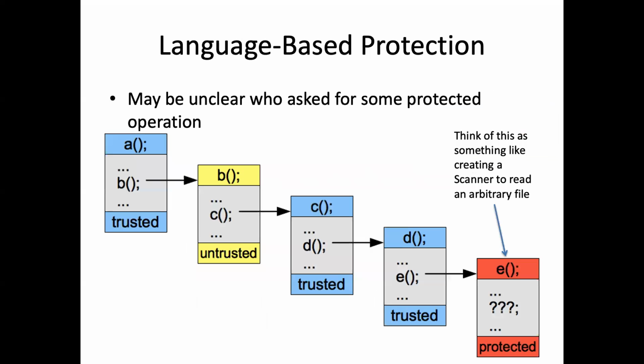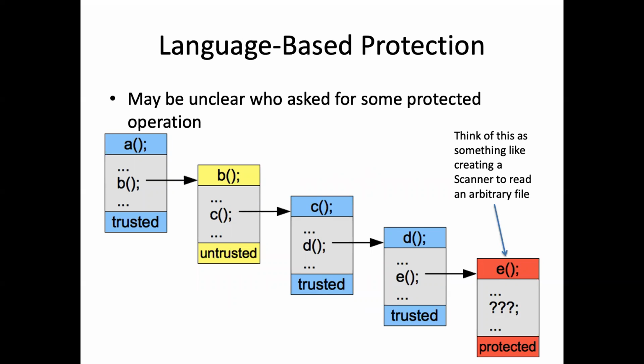Java still has a mechanism for doing this. It's just a slightly more complicated mechanism. And it kind of reflects what I said a moment ago. If you're running a program, you may have pieces of code that are trusted and other pieces of code that are less trusted.